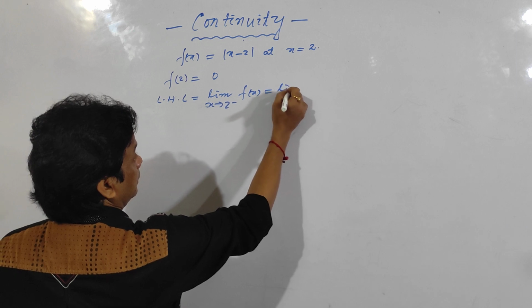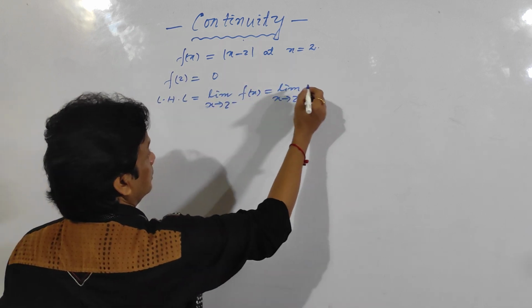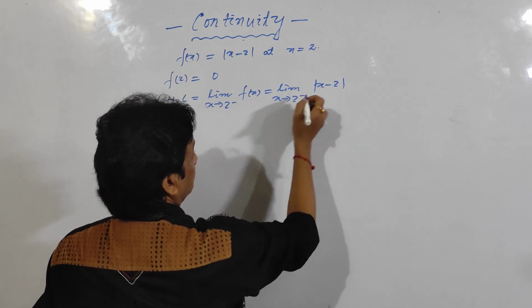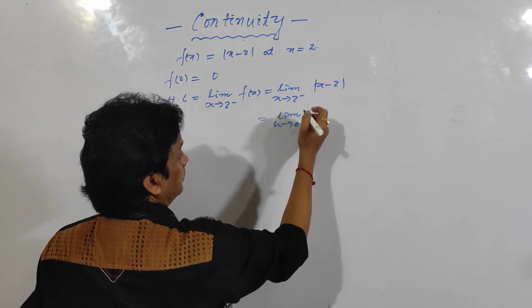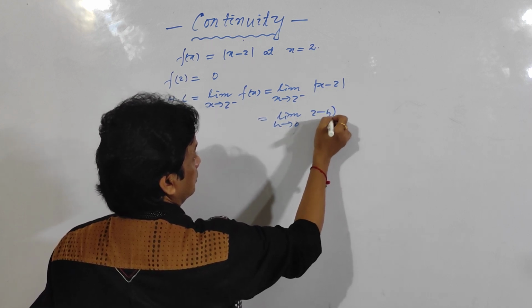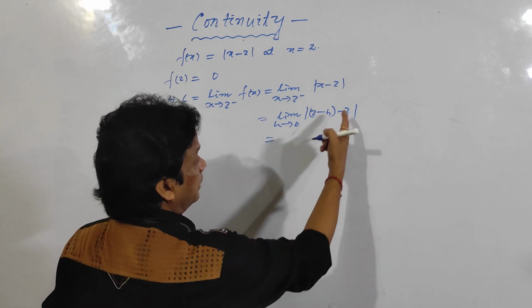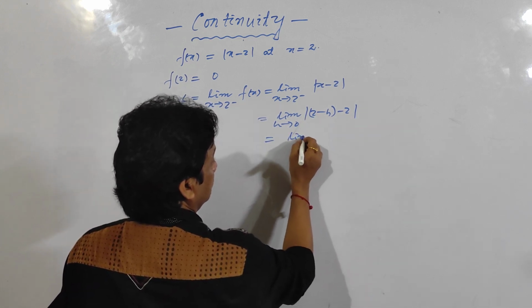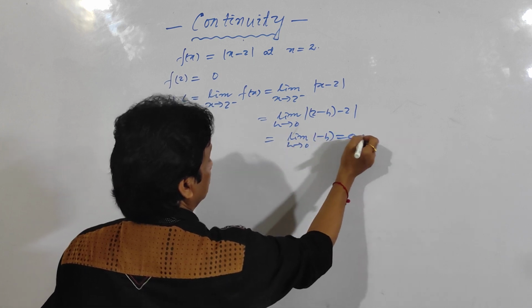Here f of x is mod of x minus 2. So limit h tends to 0, in place of x write 2 minus h, minus 2, mod of this. If you open the bracket, minus 2 plus 2 cancel out. So limit h tends to 0, it is mod of minus h. So it will become 0.